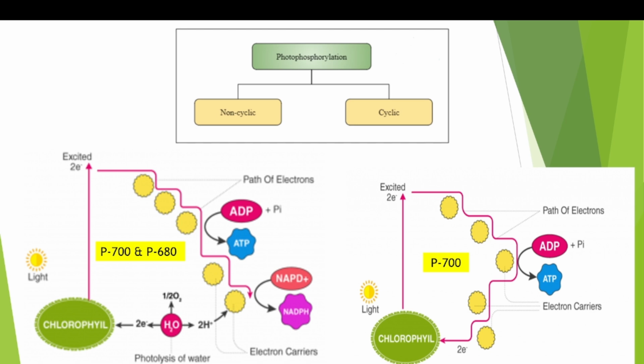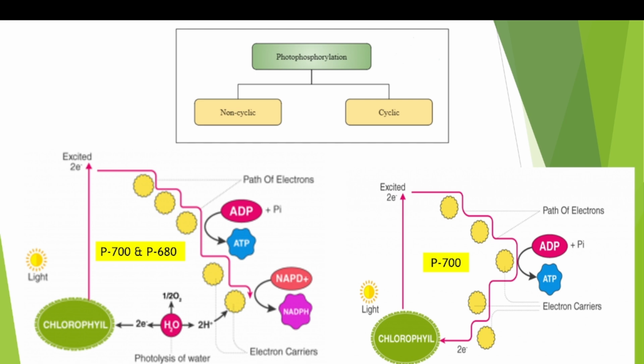In this way, in plants during photosynthesis, there are two processes: the light reaction and the dark reaction. In the light reaction, photophosphorylation takes place, which is categorized into two types, non-cyclic and cyclic. In both, ATP is produced, but in non-cyclic, two photosystems are involved, P700 and P680, whereas in the cyclic pathway, only one photosystem is involved, P700.